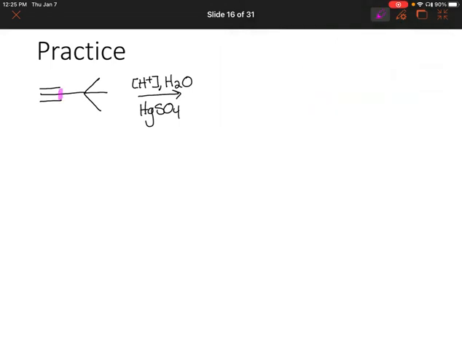So that's this one in purple. And the triple bond turns into a double bond. So I'm just going to draw a double bond with the alcohol on the more substituted carbon. And then we also have the rest of the molecule here. So that's our enol, the alkene alcohol.